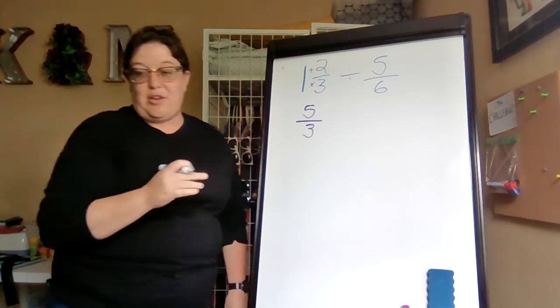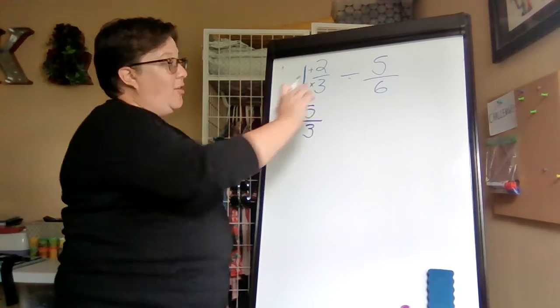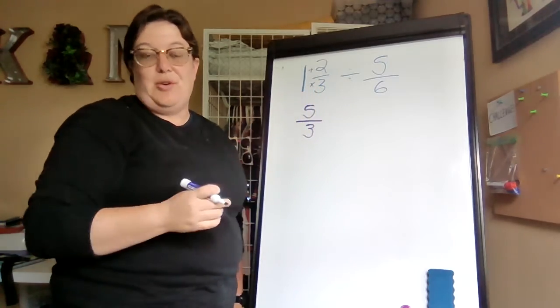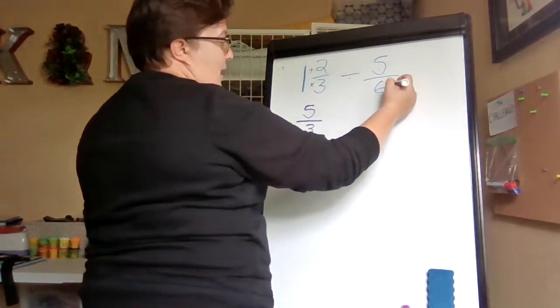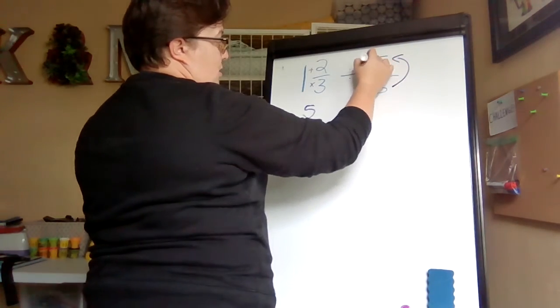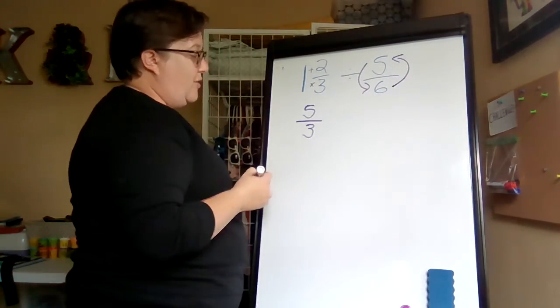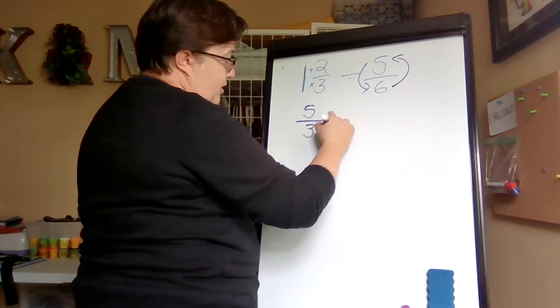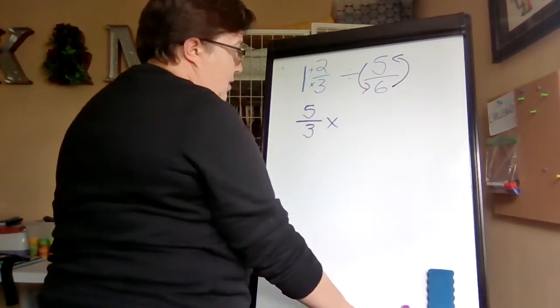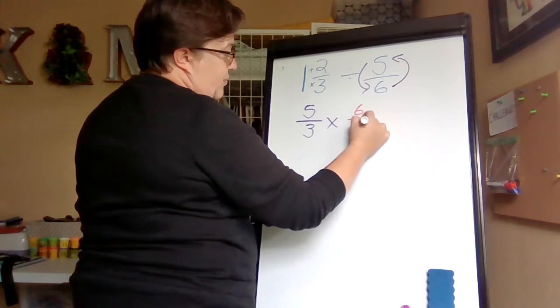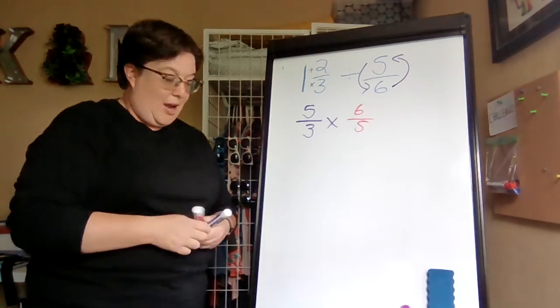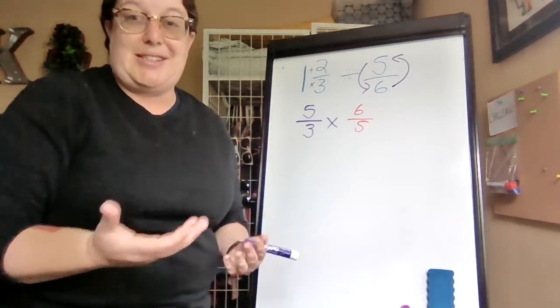So we have 5/3. And now, for step 2, you're going to do that first step from the last one and multiply by the reciprocal of the divisor. So we have 5/3 times, our reciprocal is now 6/5. Now we go on to our next step, which is simplify.